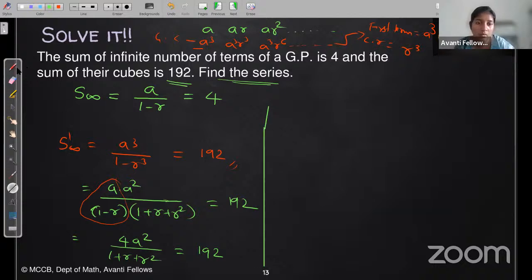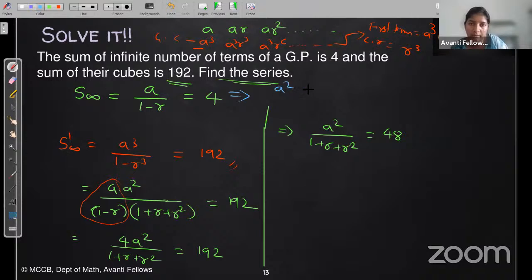Okay. So now, just shift 4 to the other side. We will get a squared divided by 1 plus r squared is equal to 48. Next, if you square this on both sides, what will you get?